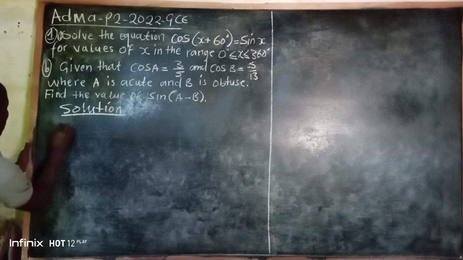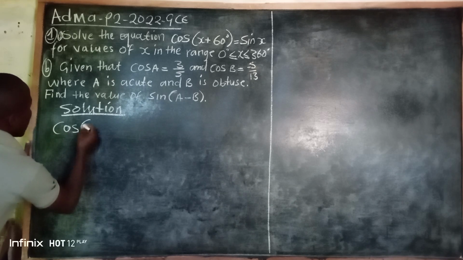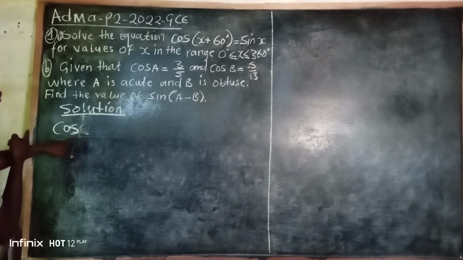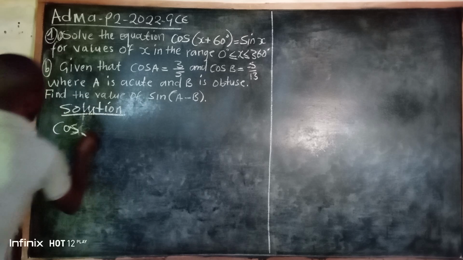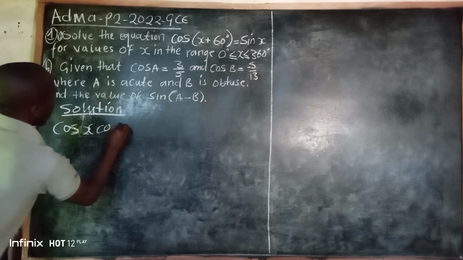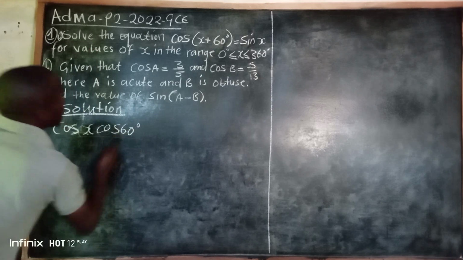Since we have x there, when we are dealing with cos, we say cos x cos 60 degrees.